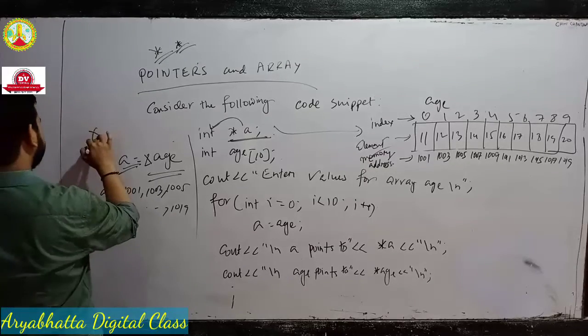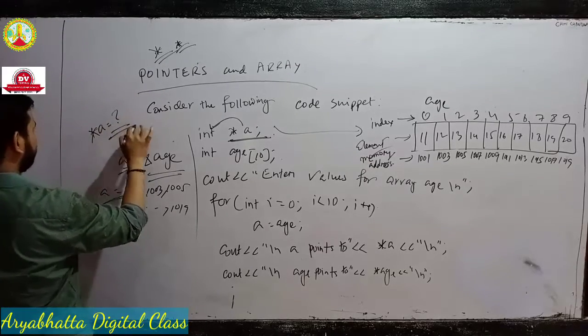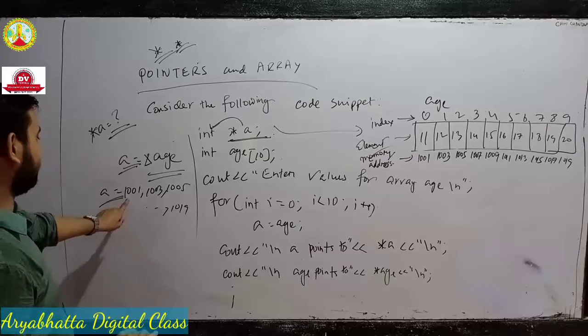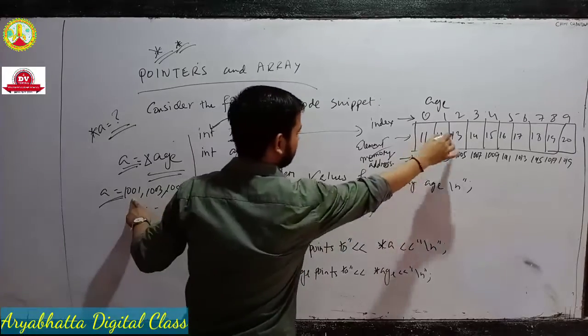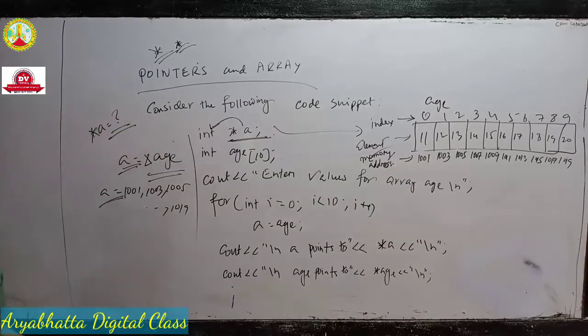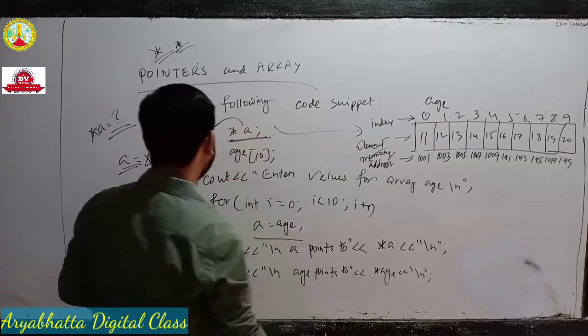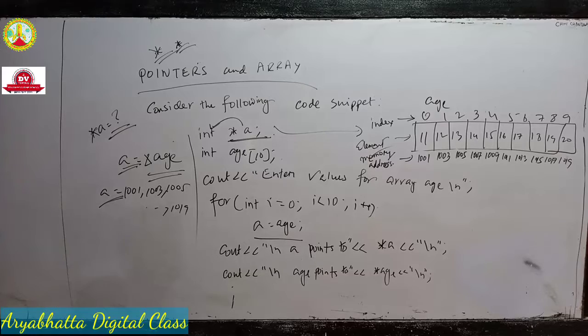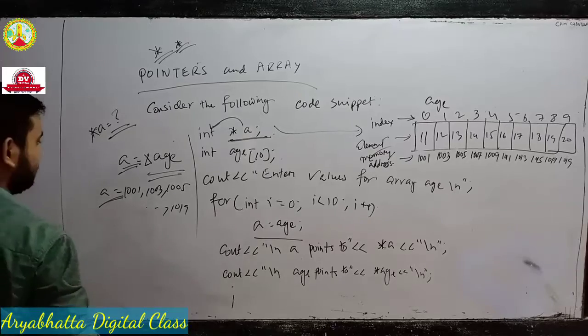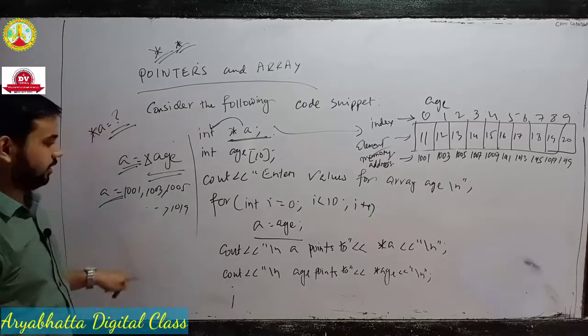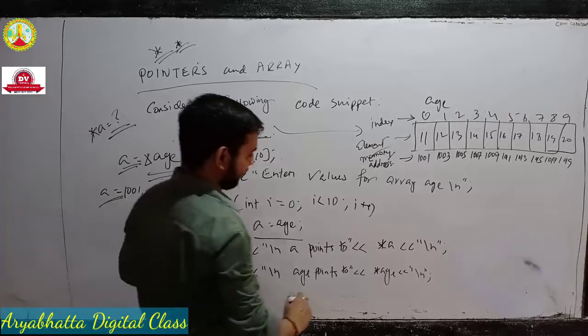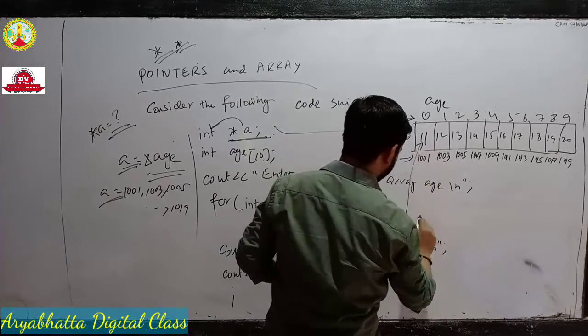And *A is what? It stores the value regarding this memory address. For A is equal to S, this is the concept, you see. Means *A gives the value of this element of the array.